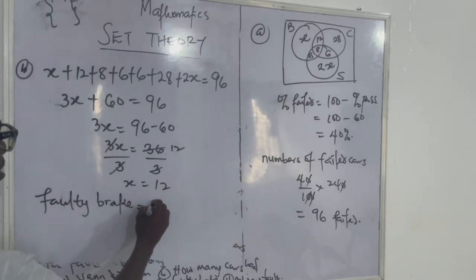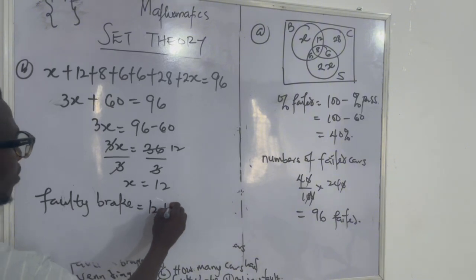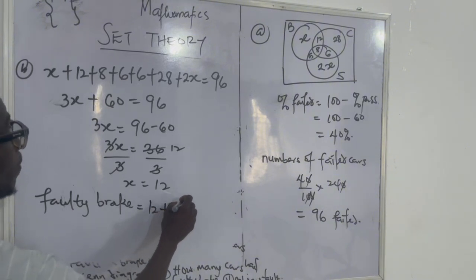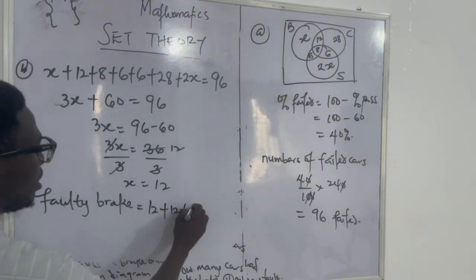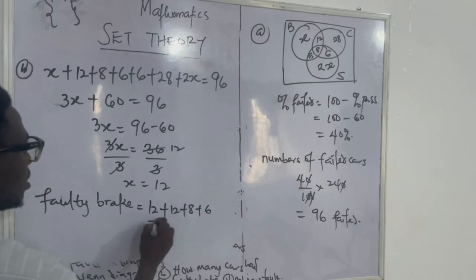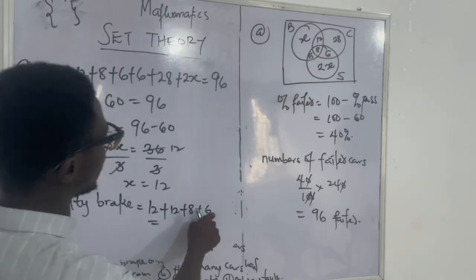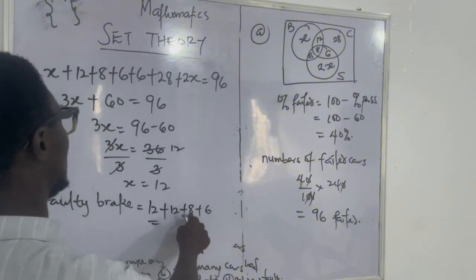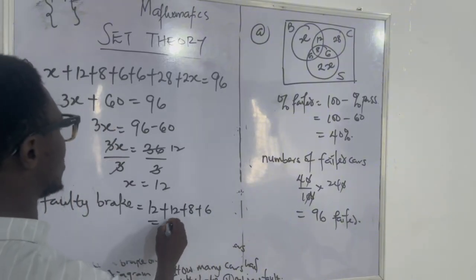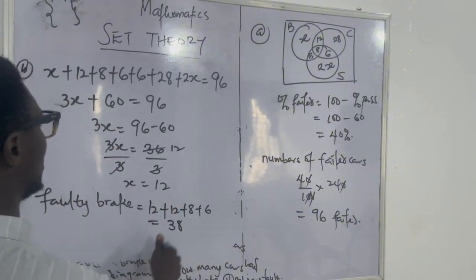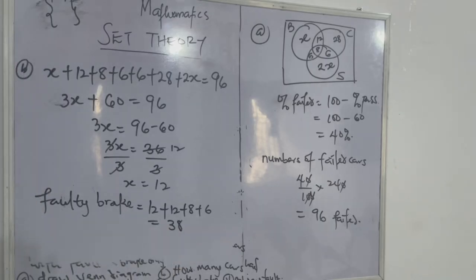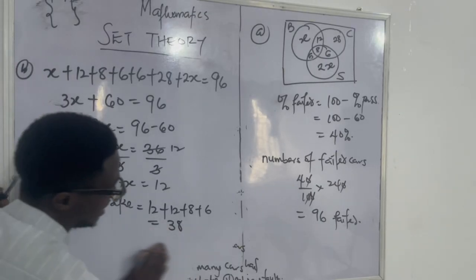So that will be x, which is 12, plus 12 plus 8 plus 6. So this is 24, plus 6 is 30, plus 8 is 38. So the faulty brakes are 38.